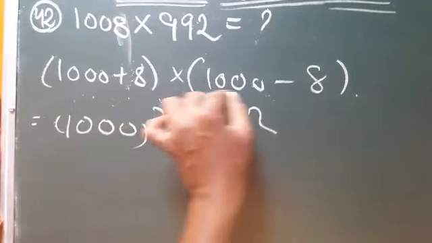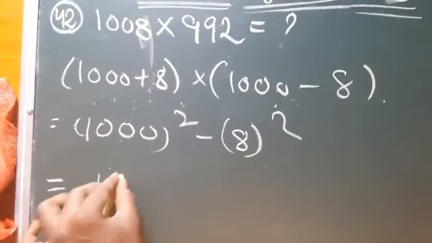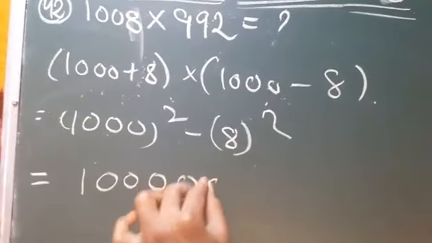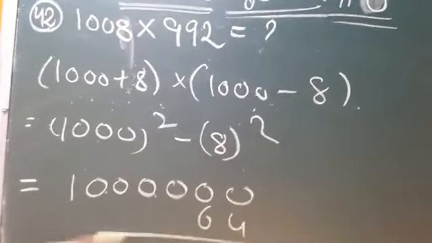Now let us calculate this. You will get a total of 6 zeros, and 8 square means 64. Subtract: 10 minus 4 is 6, 9 minus 6 is 3, 9, 9, 9. 999936 is the answer for this question.